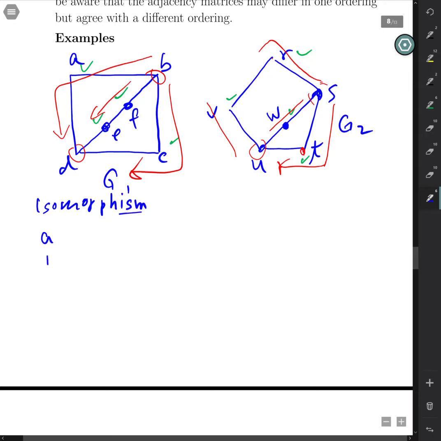So there'd be A, B, C, D, E, F, just to make it easy for me to read.